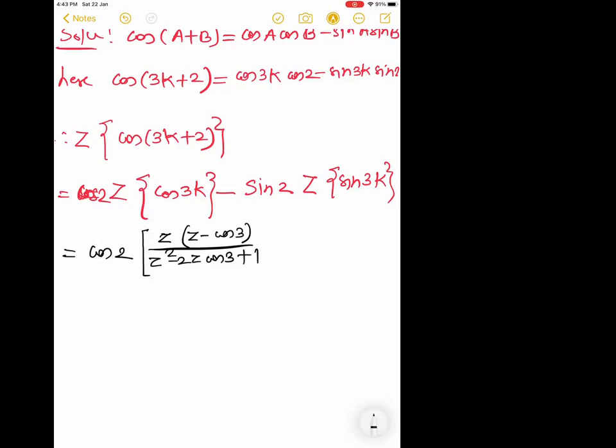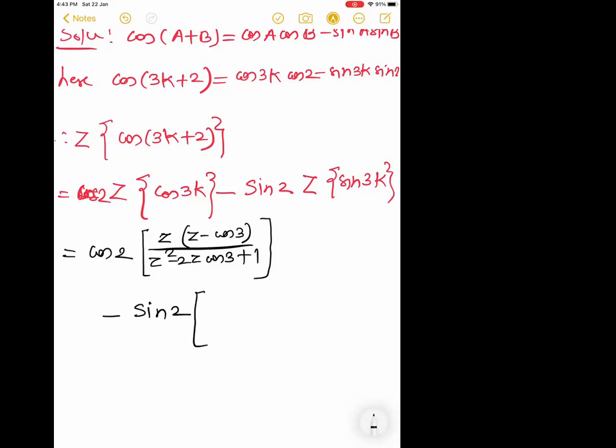That's the denominator, which is the answer for cos 3k. Minus sine 2 as it is, and for the sine 3k transformation, you use the sine alpha k answer. What is the answer for sine? Sin alpha divided by z square minus 2z cos alpha plus 1.